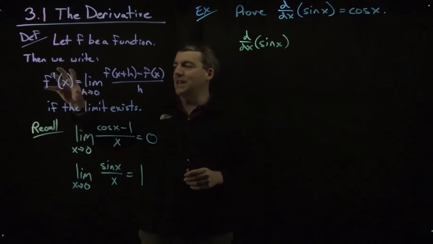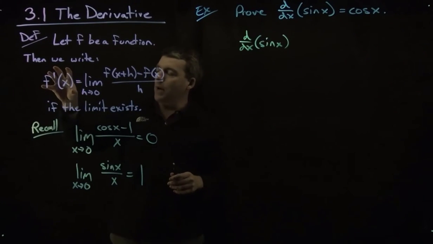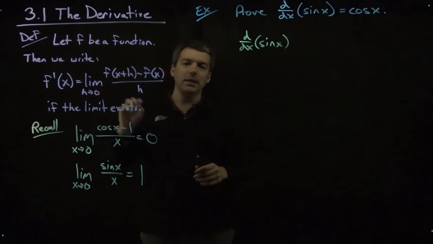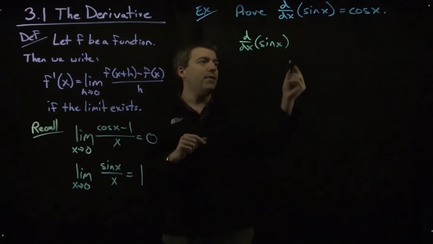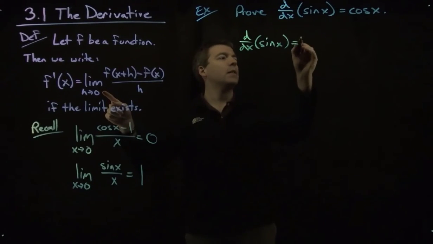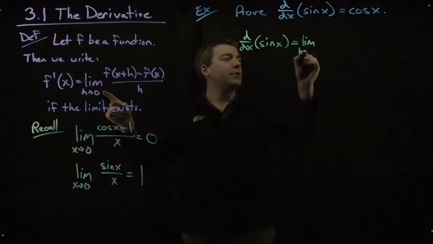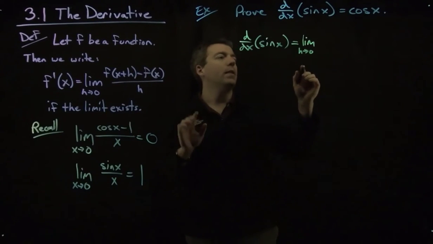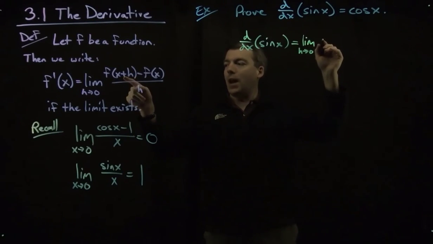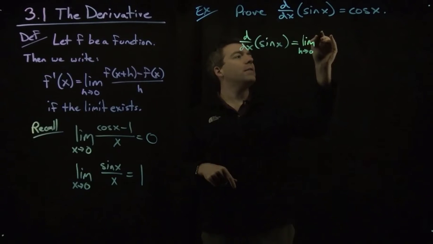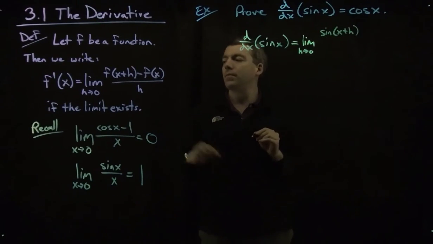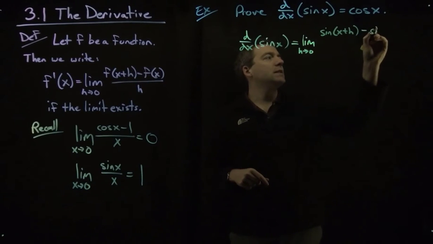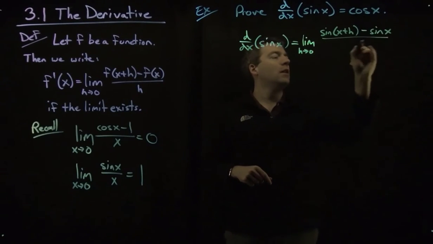The prime here just indicates that this f prime of x is representing the derivative. Okay, using the definition, this is the limit as h goes to 0 of the difference quotient. So we'll have f of x plus h, that is sine of x plus h, minus sine of x all over h.